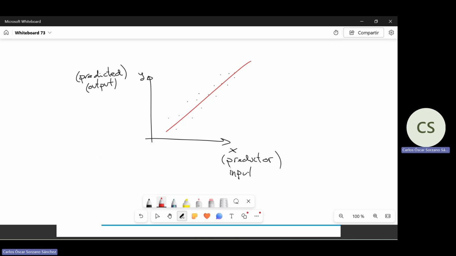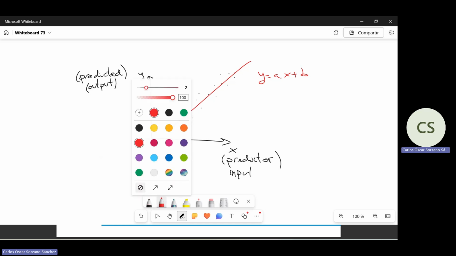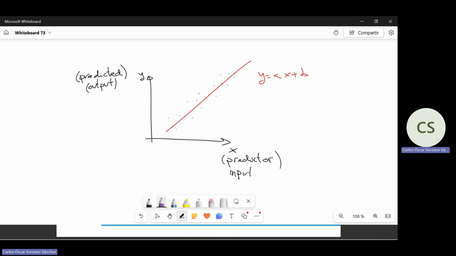So this line is defined as the output as a function of the input. If you have an input value, let's use a different color, an input value here, x0, you want to see what the predicted value is, the hat meaning predicted.